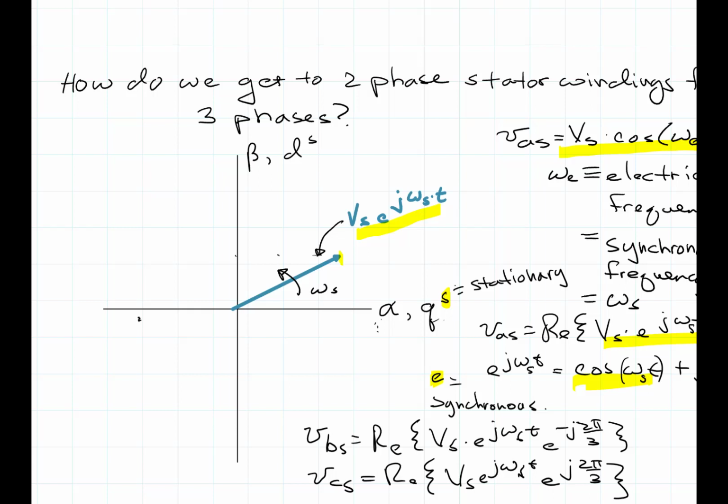This is very related to the approach I was showing you for how space vector PWM is done, reflecting a phasor onto three phase axes. So it's kind of the same idea.